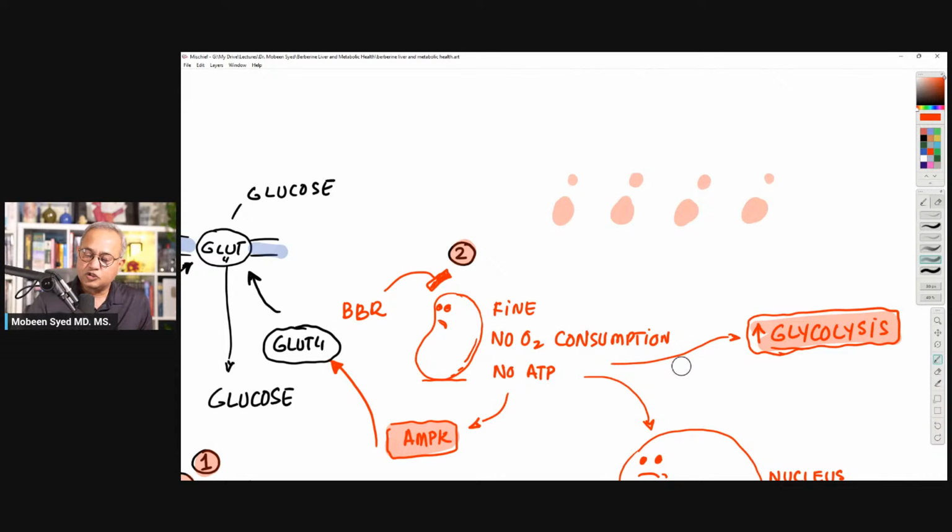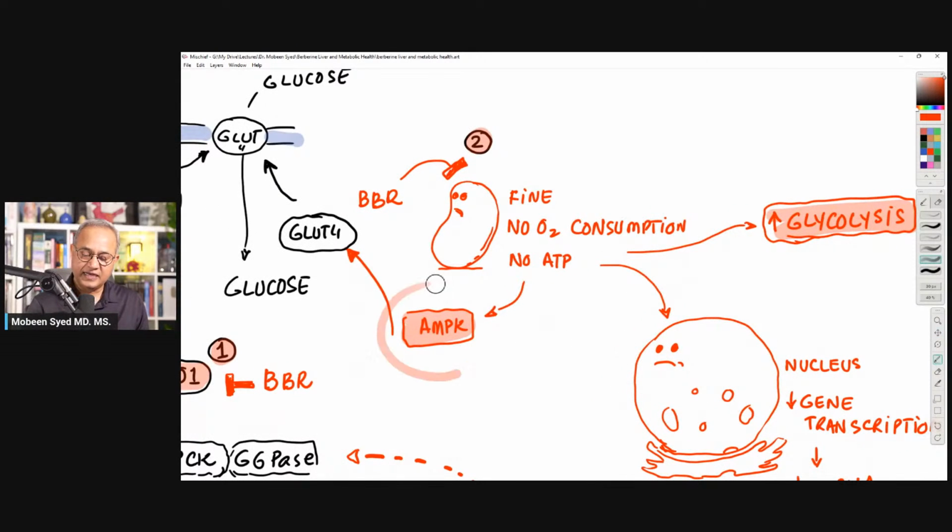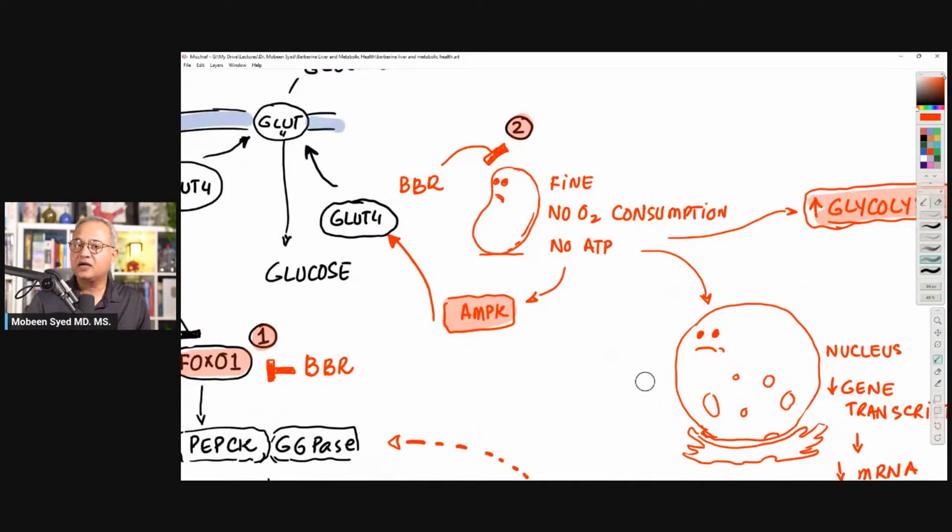So as this ratio becomes altered, as there is deficiency of ATP, there is an enzyme called AMP kinase. It does many jobs, but its function is to sense reduced ATP and then trigger activities to improve the energy in the cell.